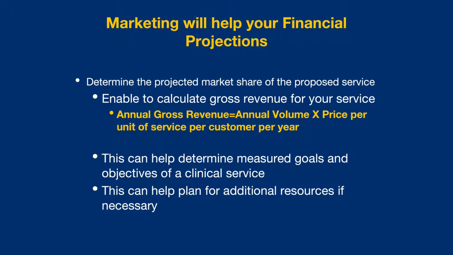An easy thing to first do is, as I said earlier, marketing can help you with your financial projections. For example, if we know how much of this service we propose to do in a certain time frame, such as a year, and what we're going to price this service at per customer per year, we can calculate the total revenue we're going to bring in.